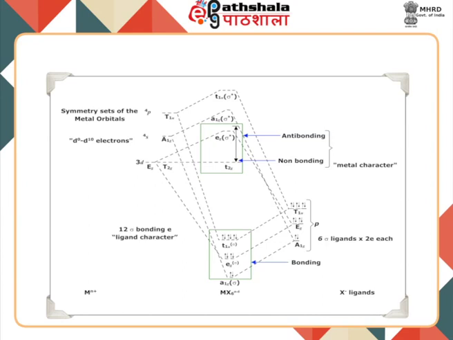The octahedral ligand field splitting parameter represented by delta naught in this approach is called the HOMO-LUMO separation, where HOMO stands for the highest occupied molecular orbital and LUMO stands for the lowest unoccupied molecular orbital.